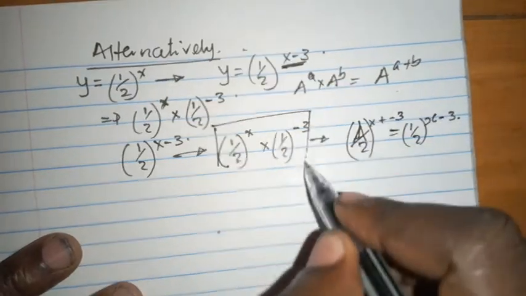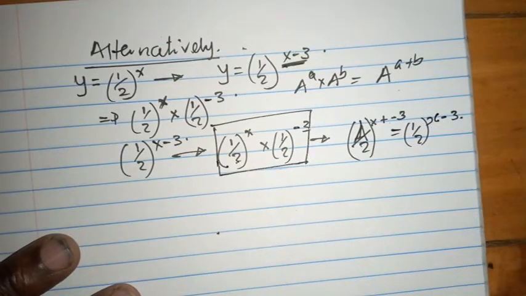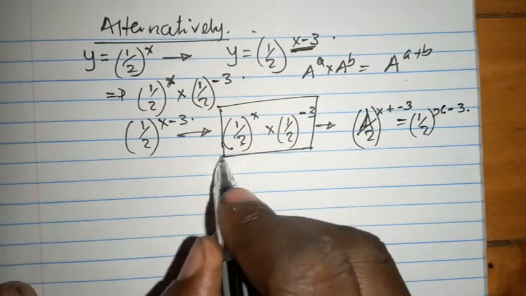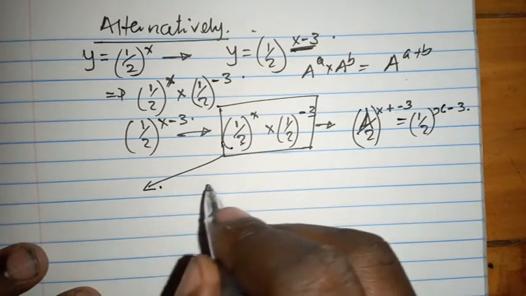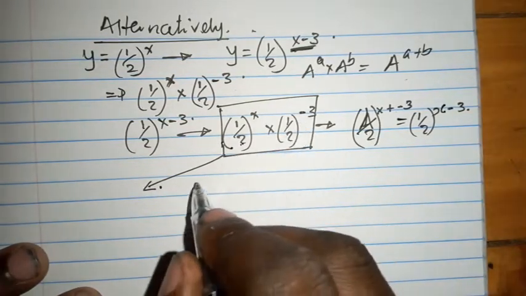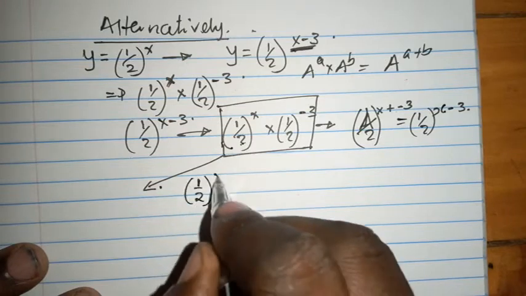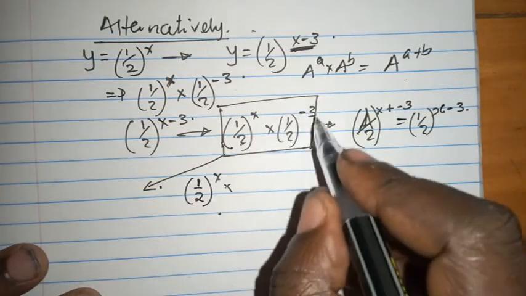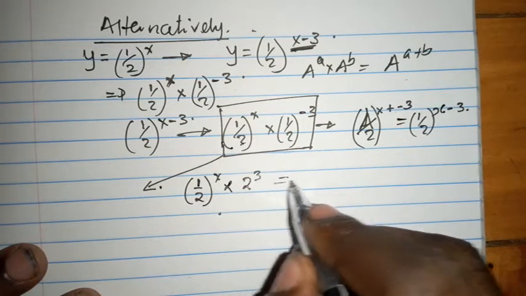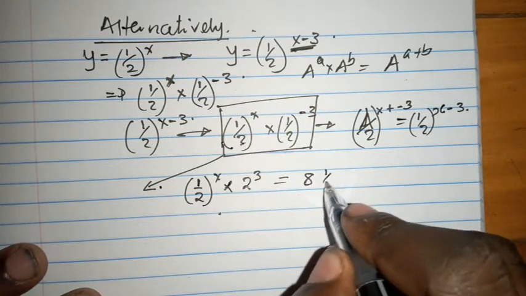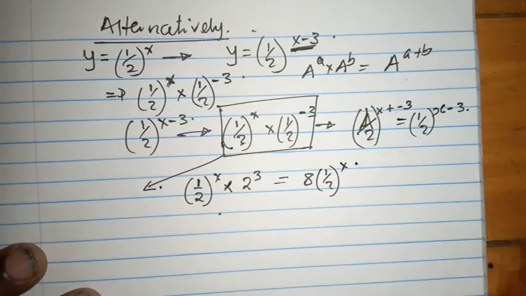So we can easily use the laws of indices to get to that particular point. A half raised to power x times a half raised to power minus 3 is simply 2 raised to power 3, which is 8 times a half to the x.